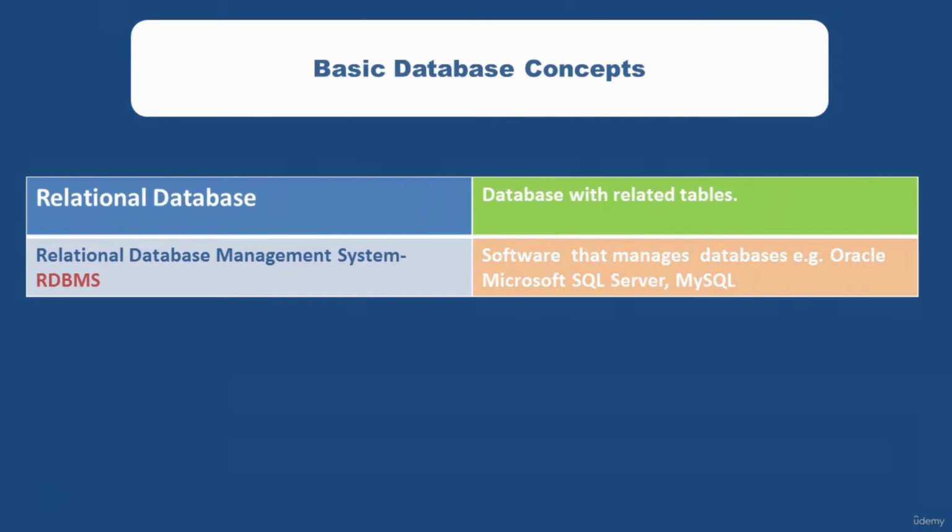Examples of relational database management systems are Oracle, Microsoft SQL Server, MySQL. There are a lot more, but I've just restricted my examples to these three. So these are the basic database concepts that you will come across when working with SQL.